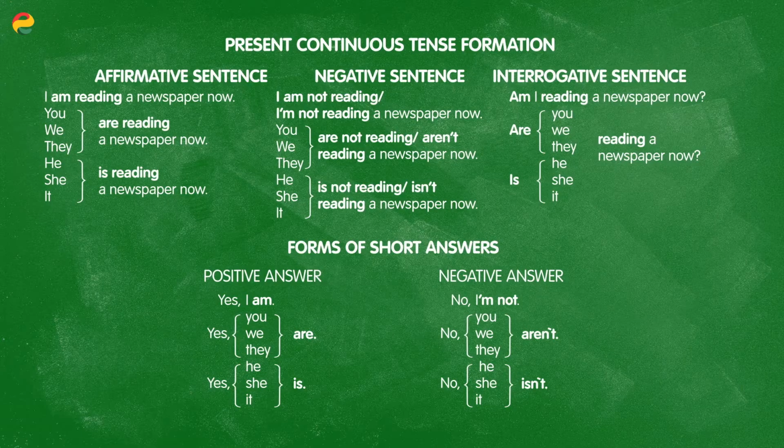So now let's look at the present continuous tense in its affirmative, interrogative, and negative forms. To form the present continuous tense, we use the verb to be, in its appropriate conjugation, of course, combined with the present participle, the ing form of the main verb.